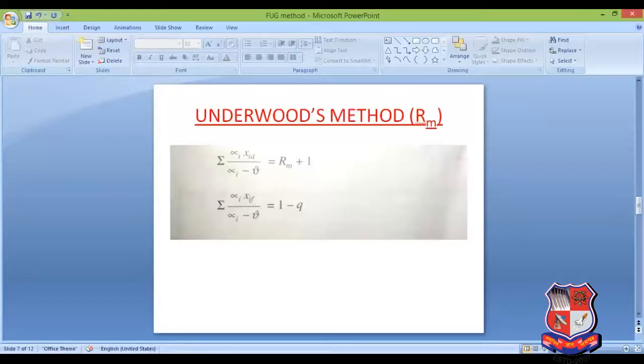So the important thing is that if you reduce the value of vega, your left hand side value will be reduced, and if you increase the value of vega, the left hand side value will increase, right? So first of all, you will start by assuming any value of vega.